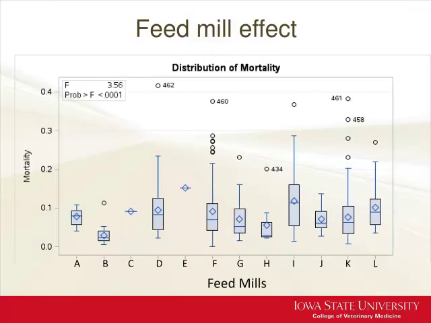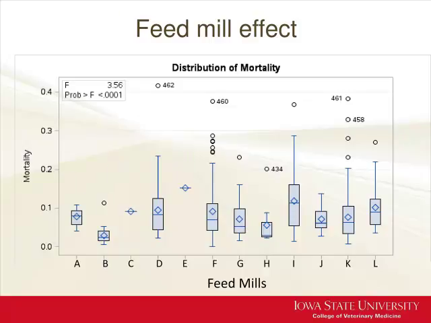We also found an important variation of mortality when adjusted by feed mills and supervisors. Adjusted by everything else, some feed mills were associated with lower mortality, some with an average of 2%, some others with 9%. So there was an important effect there.